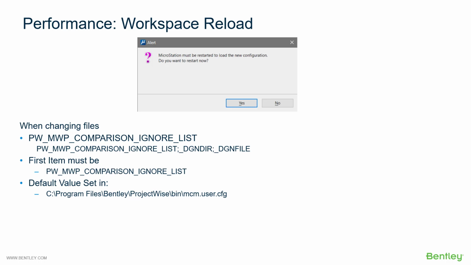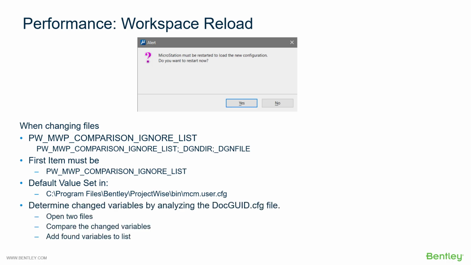However, if one tries to adjust the variable previous to this level, there needs to be a recognition that this list will be reset at the application level. So any setting of this variable needs to be locked. In this demonstration, we will look at the process of identifying variables that are changing and causing the workspace to reload.